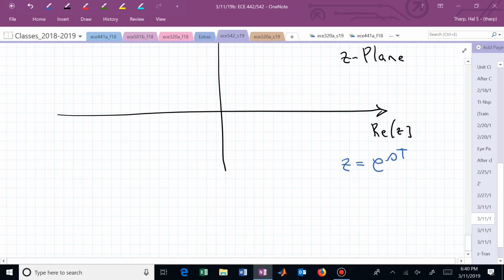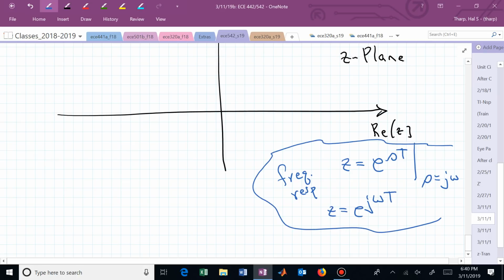And what is s? Well, if we're consistent with what we just said, we replace s with j omega. That's our frequency response, which in this case says that z is equal to e to the j omega T. This is now our frequency response relationship in the z-plane.